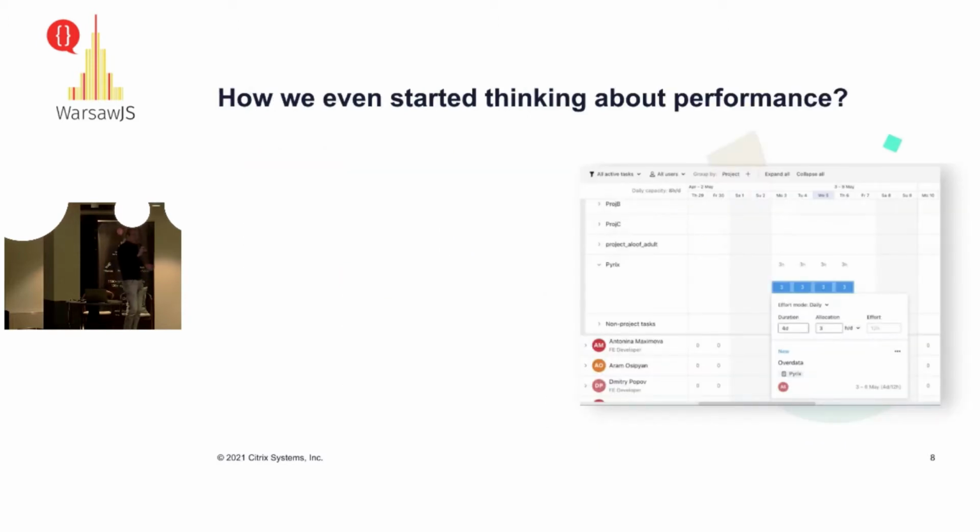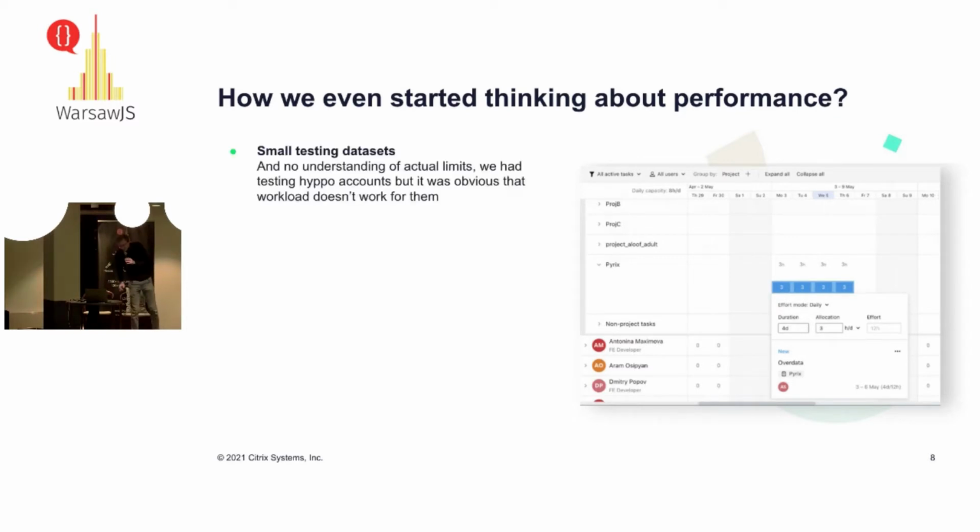So how did we even start thinking about performance, right? How does it usually happen in a team? You as a developer have a pretty small account. In our case, it's like 5 users, one task. You can drag this task, fine. You can test all interactions with one single task. You can see effort allocation numbers, fine.